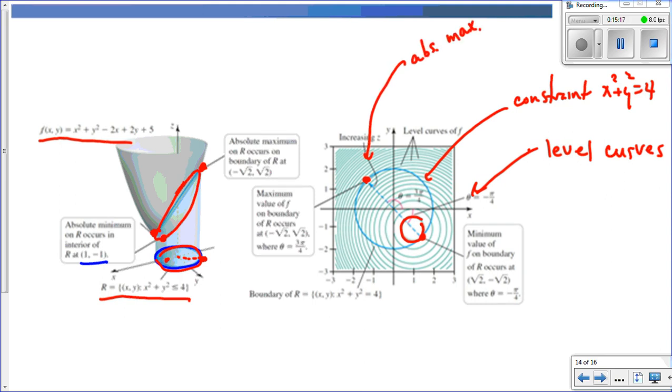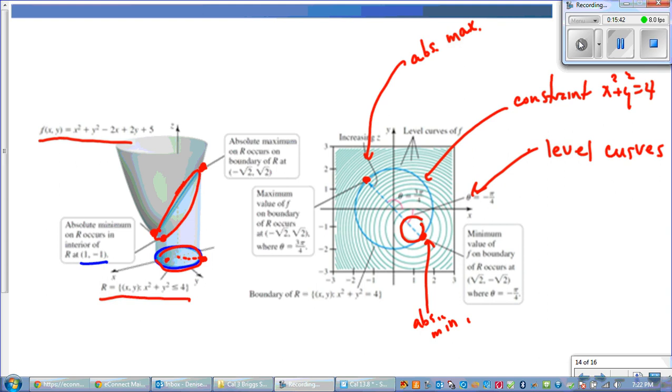And where the constraint intersects the smallest level curve, for the smallest z value, is our absolute minimum. So in the next section, we'll look at where the constraints actually intersect those level curves to determine where those absolute maximums and minimums occur.